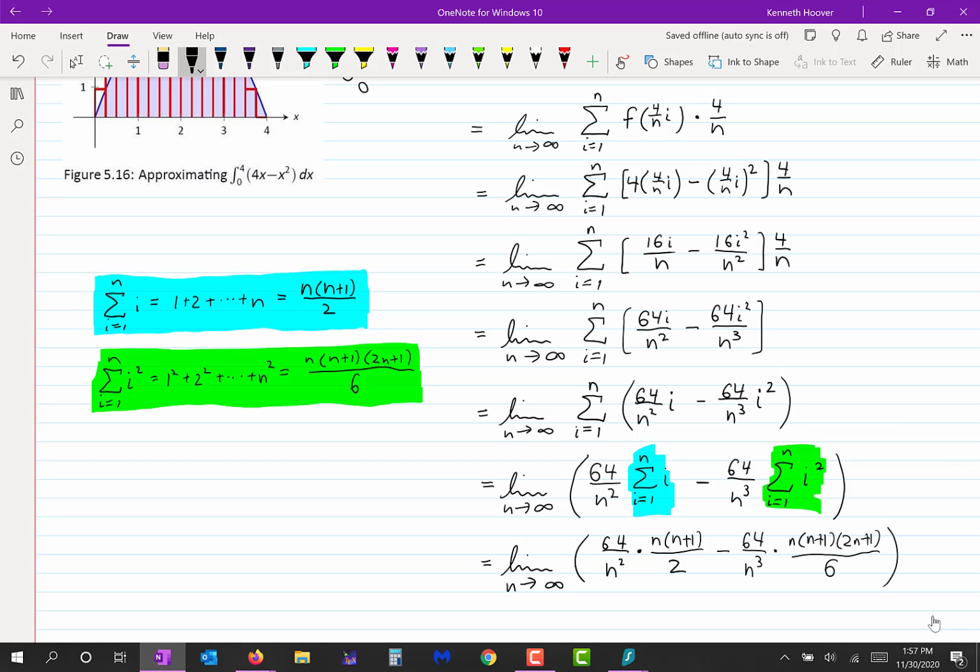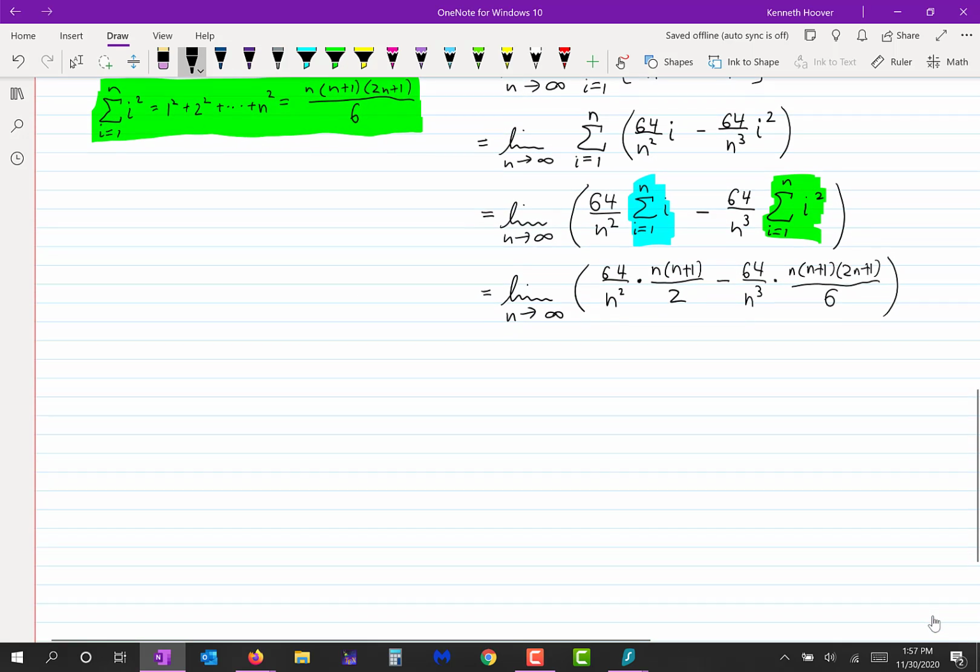Let's just continue working that out. I know there's a lot of steps to this, and that's why it's good that we don't actually have to do the problem this way. So let's see what we have here.